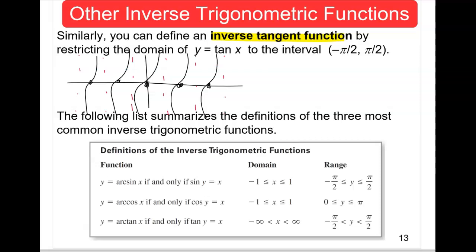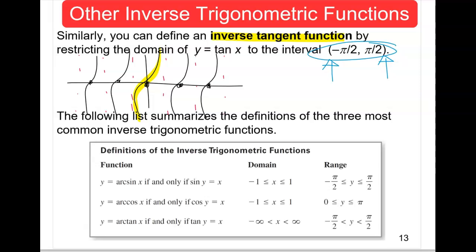And so we have to restrict our domain to only one part. The one that makes more sense for us to choose is the one that goes from -pi/2 to pi/2. But I want you to notice that we're using regular parentheses instead of square brackets. The reason for that is that -pi/2 and pi/2 are not included.